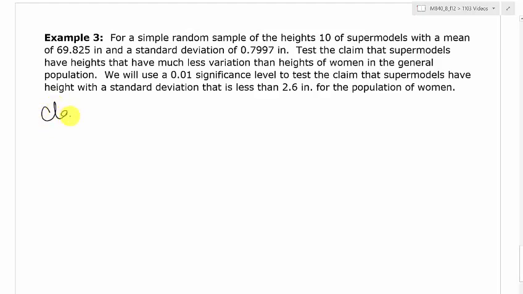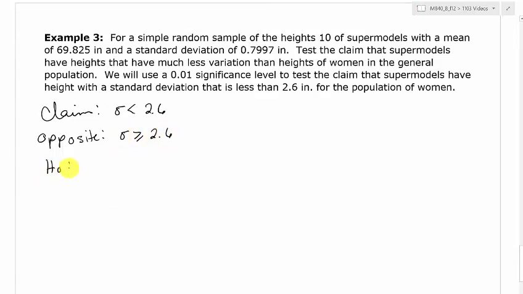The claim is that the standard deviation is less than 2.6. The opposite is that the standard deviation is greater than or equal to 2.6.